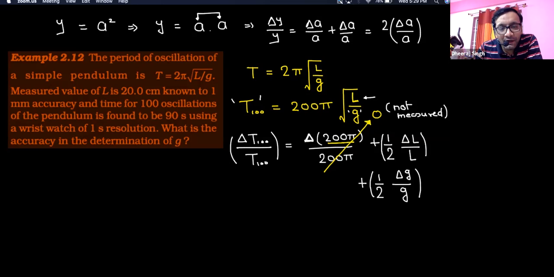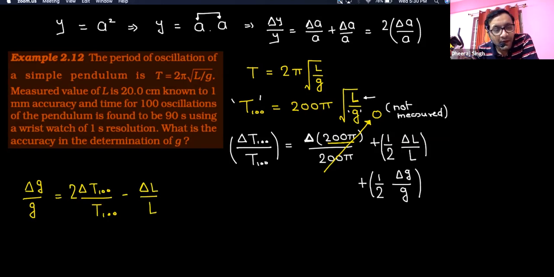First, I'll modify it to find out delta G by G. So can you modify it? Tell me, what is delta G by G? Modify that formula. Delta G by G is what? Everyone. Delta T100 by T100 into 2. Then what? Minus of delta L by L. Is this correct, all of you?